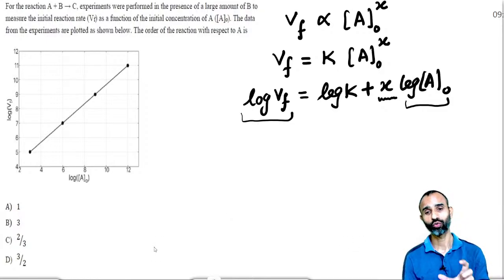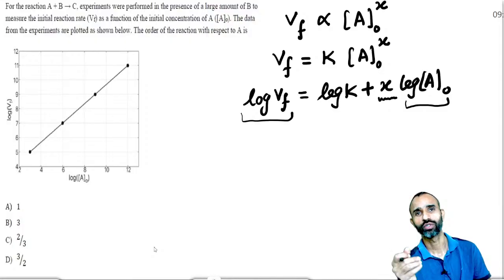You will get two linear equations. It is just like linear algebra.